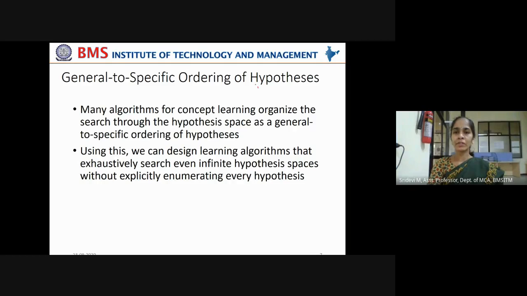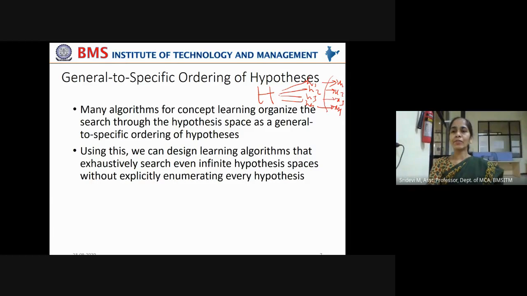Whenever I say hypothesis space, you should remember it as H, which consists of different hypotheses H1, H2, H3 and H4, each applying to your instances X1, X2, X3 and X4.